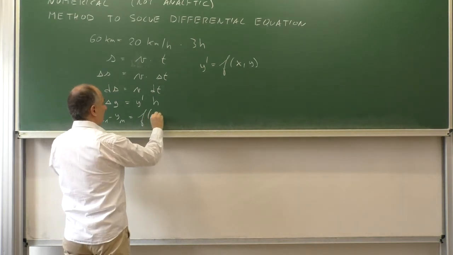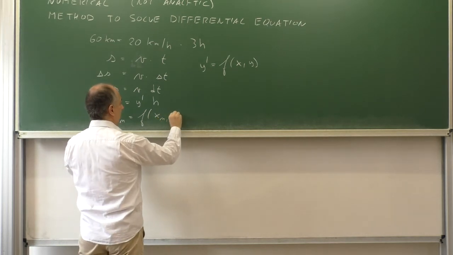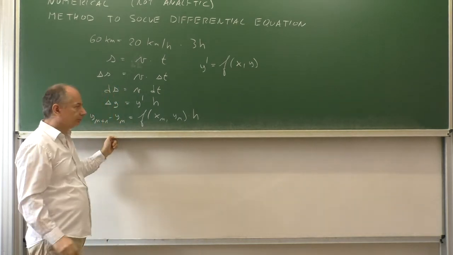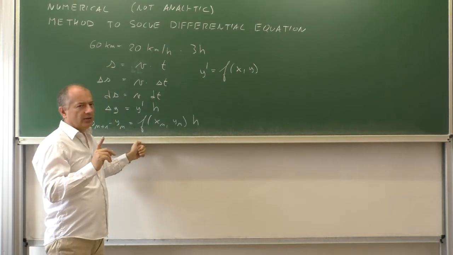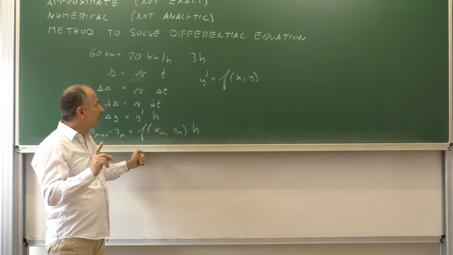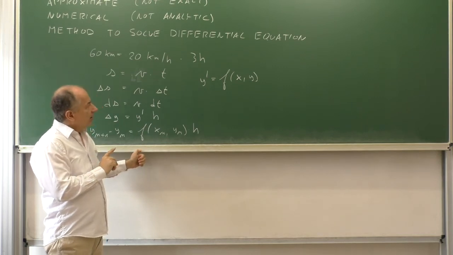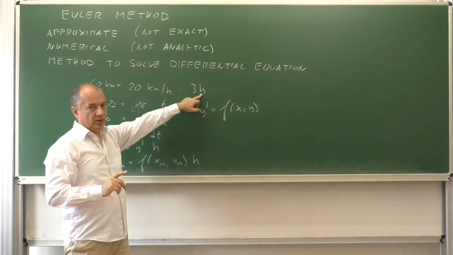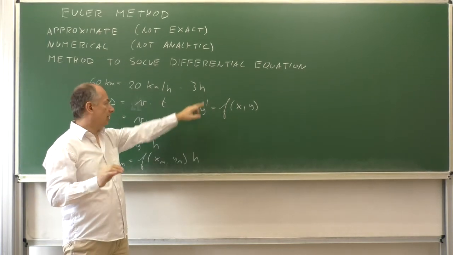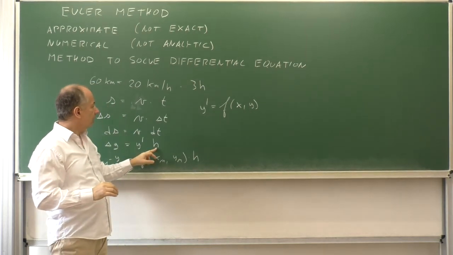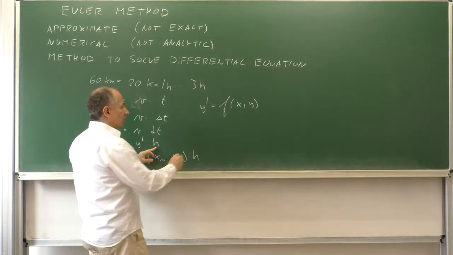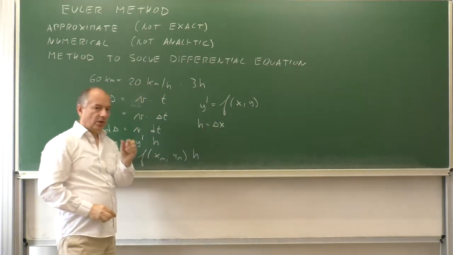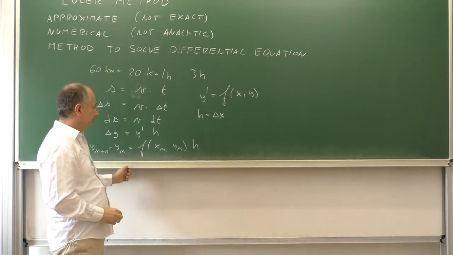F at some point xn, yn times the step size h. This is slightly confusing. The letter h has been used for two different meanings. This means hour as the physical unit of time, and this h is not hour. This is some small step of x, some small interval of time.